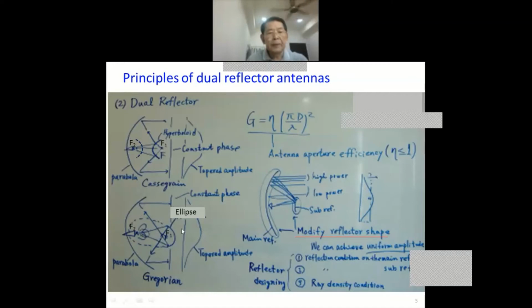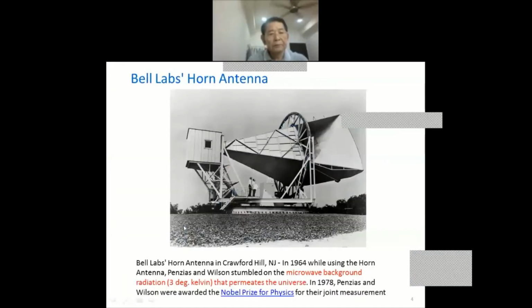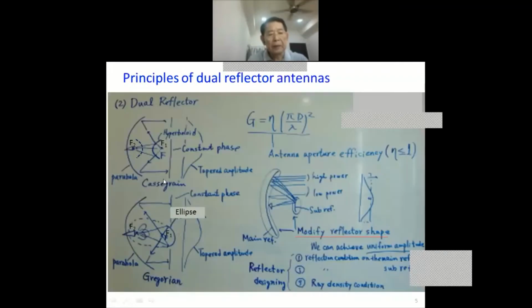This is the typical parabola antenna, and the Cassegrain and Gregorian. This is a fundamental antenna configuration. However, the radiated power in front of the antenna center is strong and the edge becomes small.